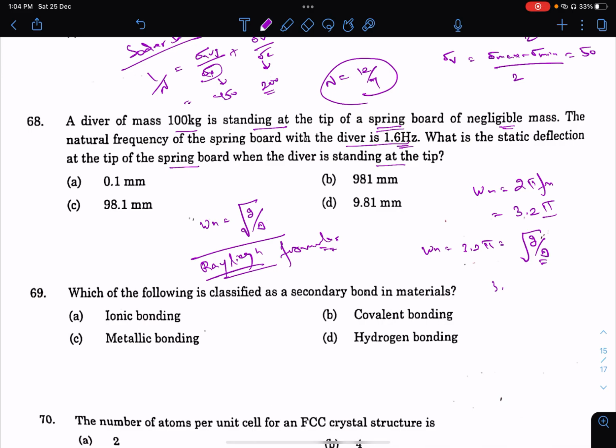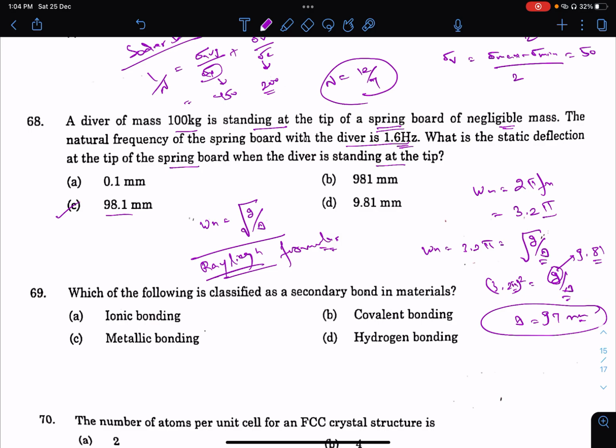So 3.2 pi whole square is equal to g by delta. So g we will take as 9.81. So delta will come out to be approximately 19.7 mm approximately. So the closest answer to this is 98.1 mm.